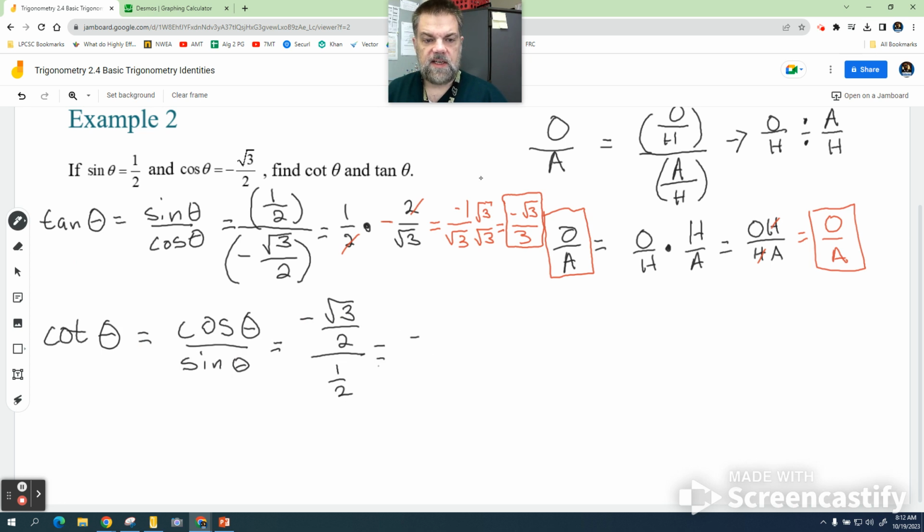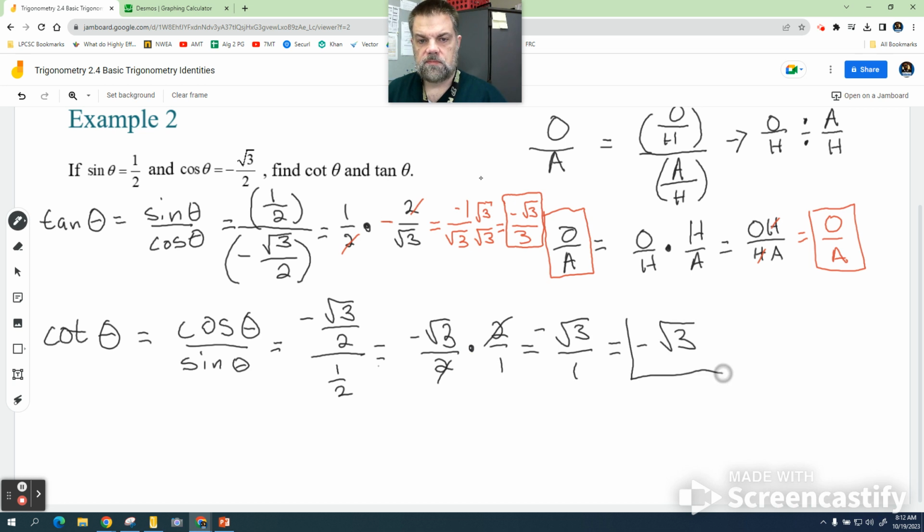That is going to be negative root 3 over 2 times 2 over 1. The 2's will cancel, and I get negative root 3 over 1, or just negative square root of 3. Which, by the way, is just the reciprocal of this thing, isn't it?